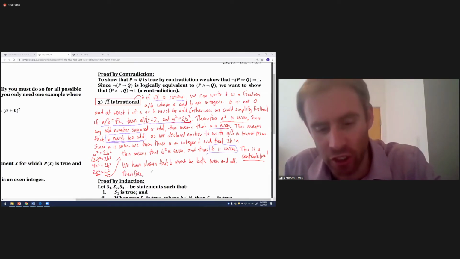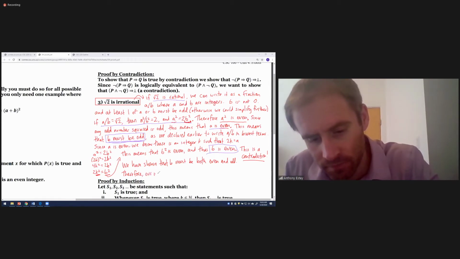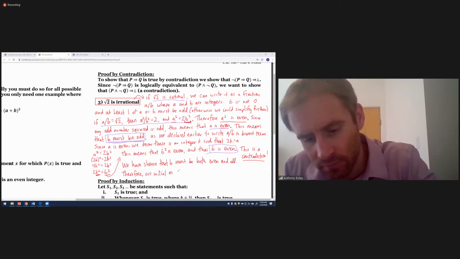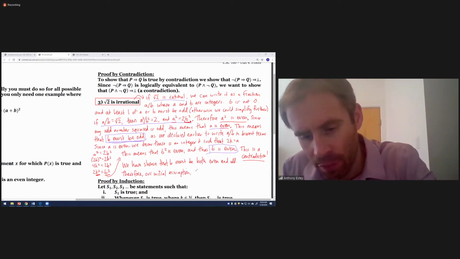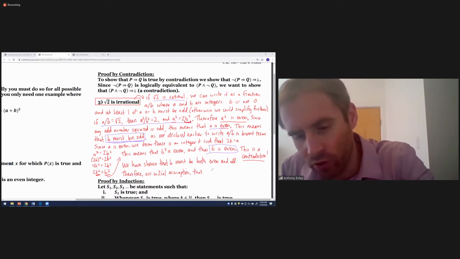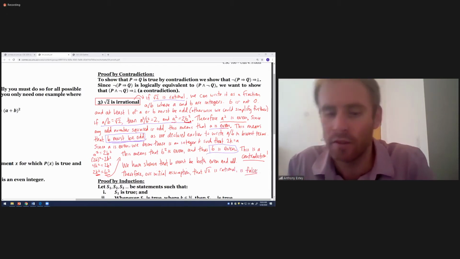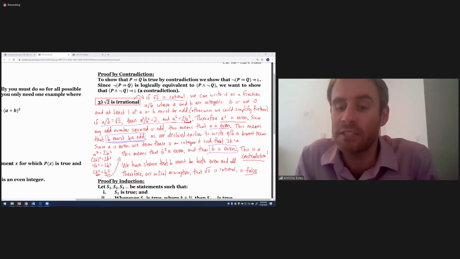Therefore, our initial assumption that root 2 is rational is false. So root 2 must be irrational.